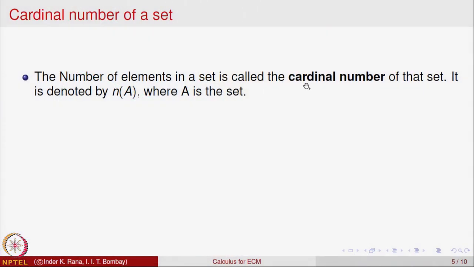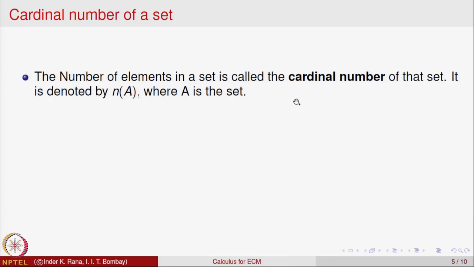Right. There is also a notion of the cardinal number of a set, that essentially is saying how many elements are there in a set. So, the cardinal number of a set is denoted by n of A, where A is a set. Keep in mind this makes sense only when the set is a finite set.